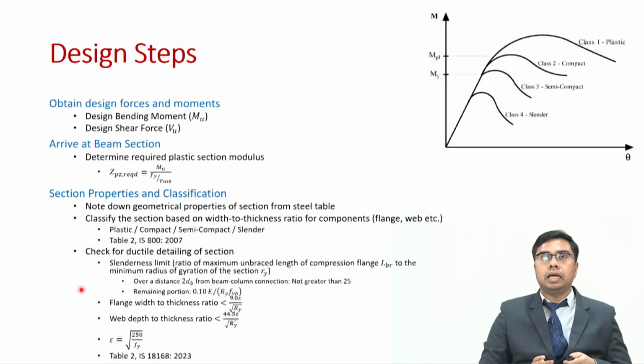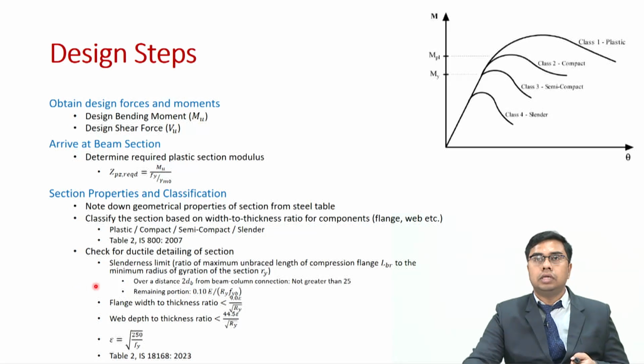So, let us summarize what we learned in today's class using the design steps, or let us provide a systematic method of how you design a steel beam for good seismic resistance. So, the first thing is to obtain design forces and bending moments, that is, the design bending moment and design shear force. Then we will arrive at a suitable section.